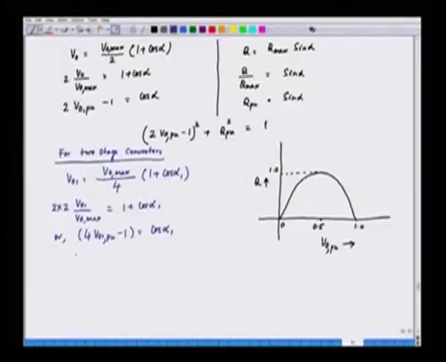So, we can say that Q is equal to Q max by 2 into sin alpha 1, let us say we are operating the converter 1, or we can say that 2 Q 1 per unit is equal to sin alpha 1. If you say that this is our equation A, this is equation A, and this is equation B.